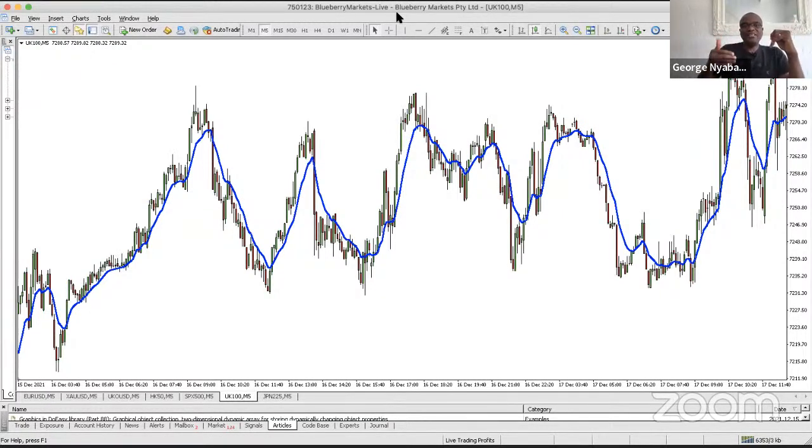Now I want to find a tighter entry, which means I can go to a lower time frame. So I can go to the 5-minute time frame. I have my 10 EMA there. If I'm going short and I see the breakout on the 5-minute time frame, and I see the pullback to the 10 EMA on the 5-minute time frame, I can execute the trade there.